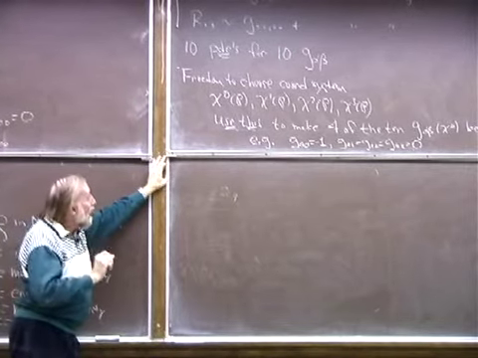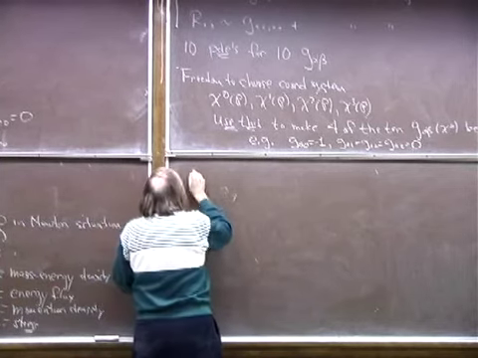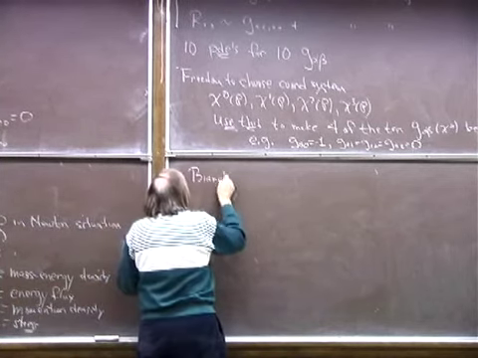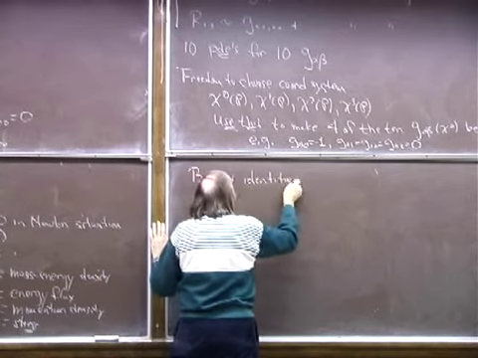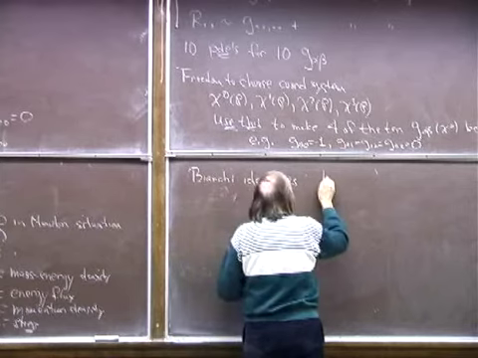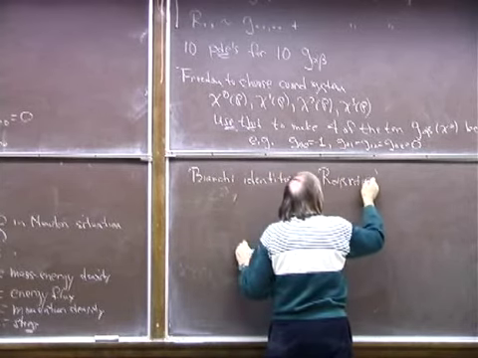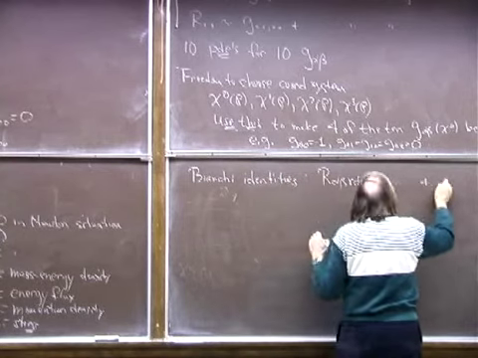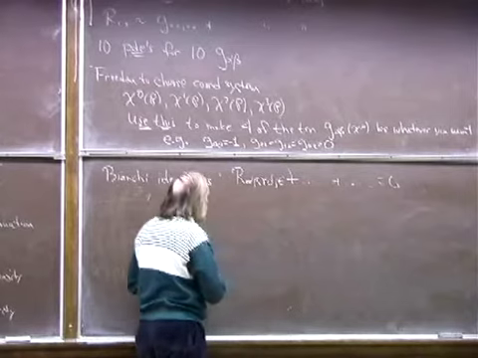And the answer is the following, that by virtue of the Bianchi identities, which I mentioned to you before, which say R_{αβγδ;ε} plus three terms like this where you're permuting the last three indices.